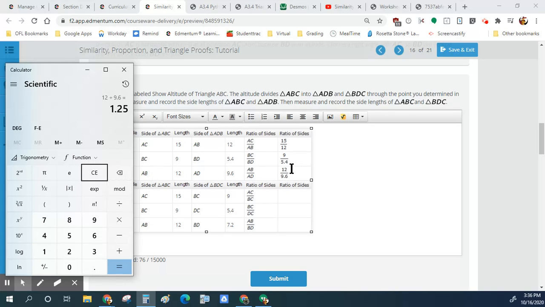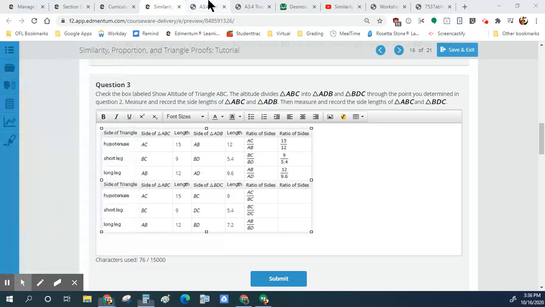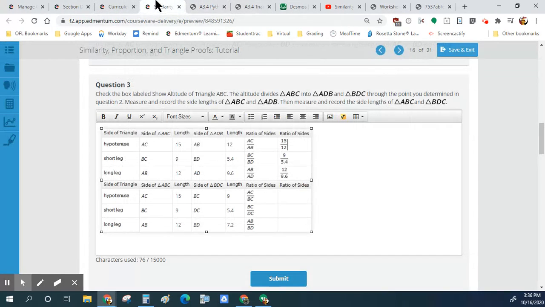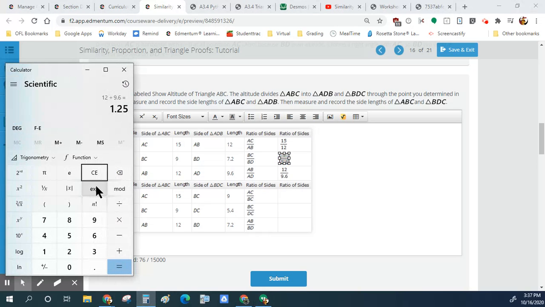Yeah, so what did I do here? BD, 7. All right. Apparently, I just measured the wrong one last time. Okay, so they're all 1.25.